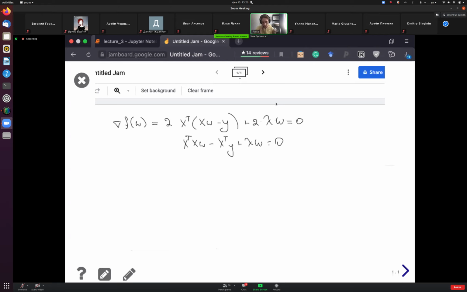On the left, we'll leave everything which has w. That will be (X transpose X plus lambda times the identity matrix) multiplied by w. And on the right, we are left with X transpose y. We only need to multiply by this to the power minus 1 from the left, which will give us the ridge solution for the weights: (X transpose X plus lambda identity) to the power minus 1 times X transpose y.